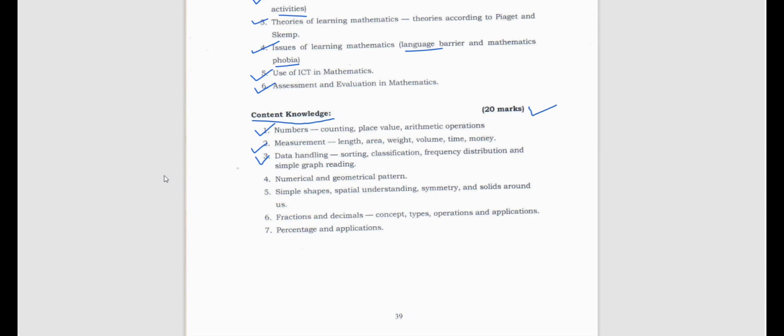Then I ask you to classify the children according to their heights, you will do the same again. Then if I ask you to put those with long hair in one group and short hair in another, there will be another category again. That way we are using data handling.